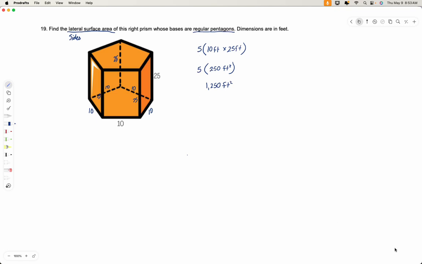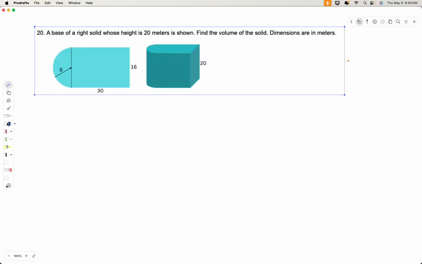All right, let's see what the next one is, if there's a next one. All right, here we are looking for a base of a right solid whose height is 20 meters shown. Find the volume of the solid. Dimensions are in meters. Okay, so we need to find the area.